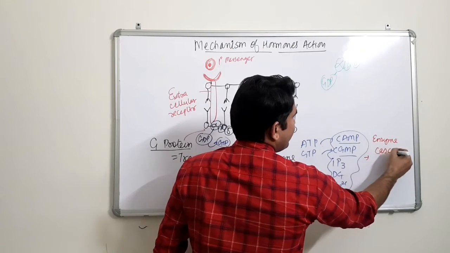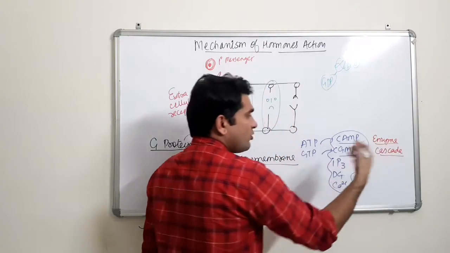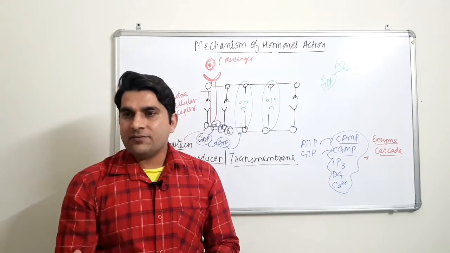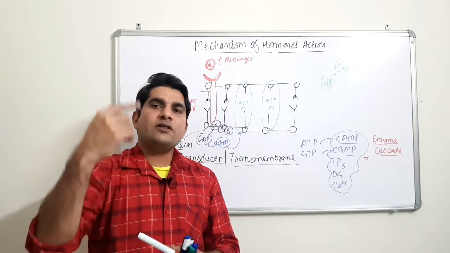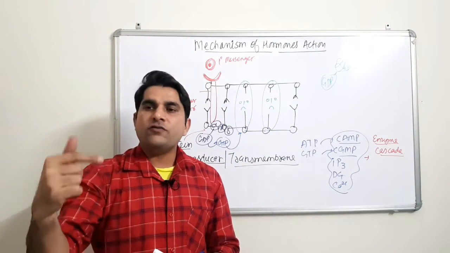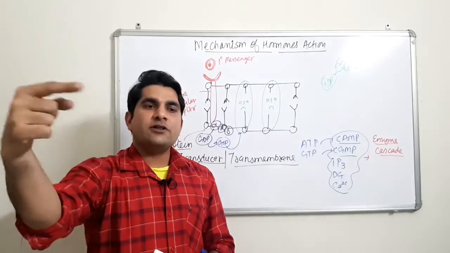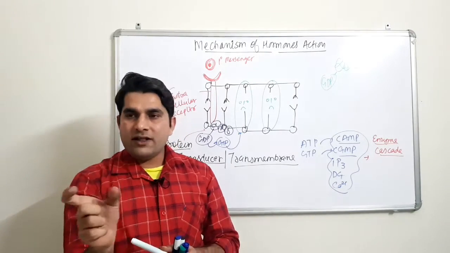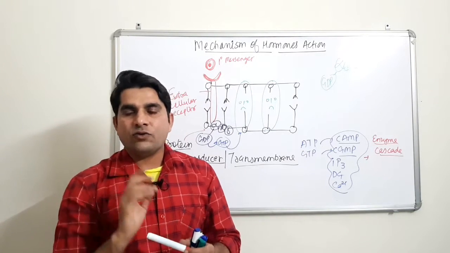When one enzyme is activated and it activates another enzyme, we call it an enzyme cascade. For example, we all are standing in a line and I am not able to communicate with the person who is first. So I tap the shoulder of the next one, then the next one would tap the shoulder of the next one, and so on. So a cascade has been initiated. Or if anyone is missing, the cascade will not be initiated.